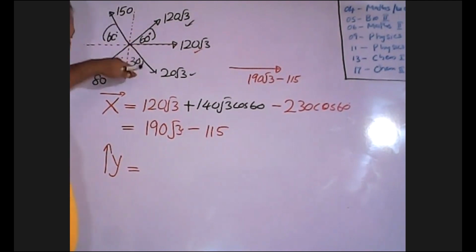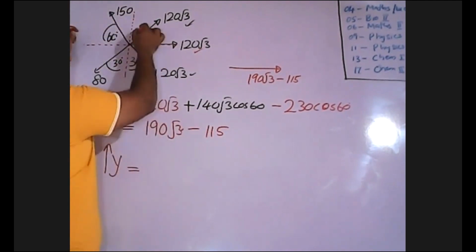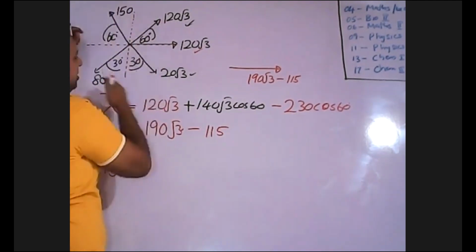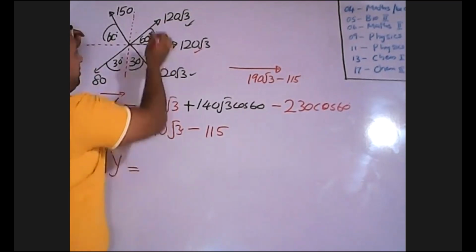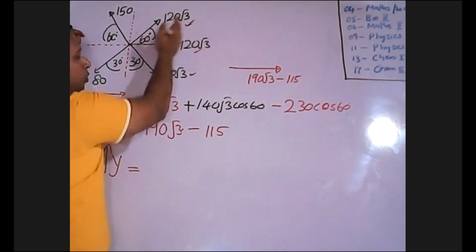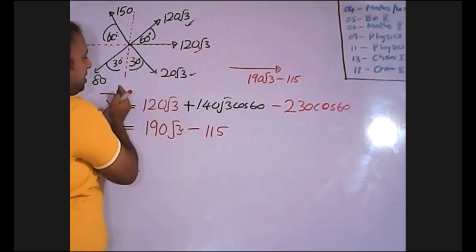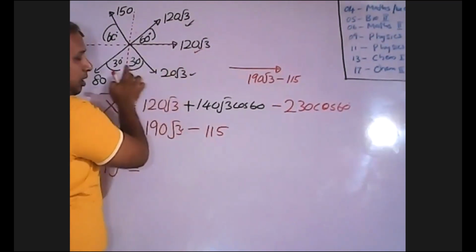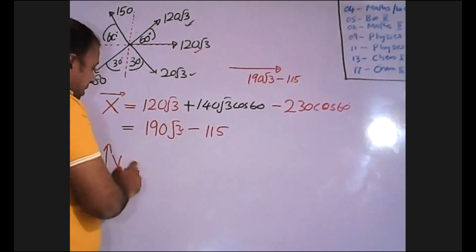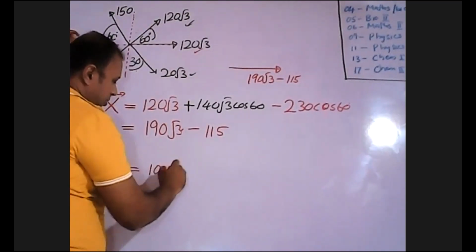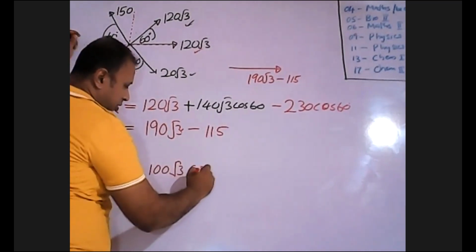You can take these two at once. Both are 30, that means cos 30. This one is in upward direction and this one is in downward direction. That means 120 root 3 cos 60 minus 20 root 3 cos 30. That means 100 root 3 cos 30.